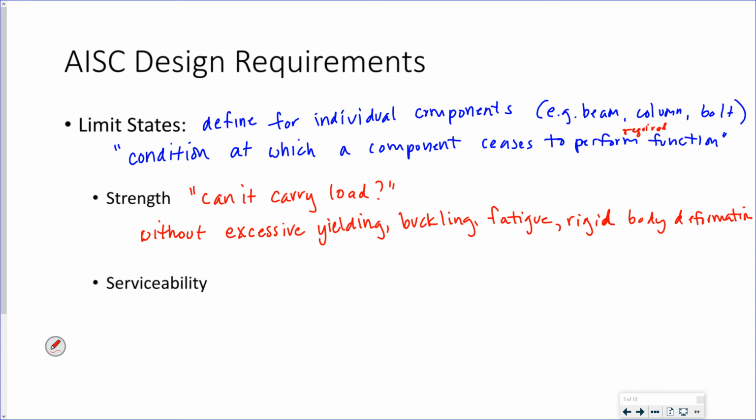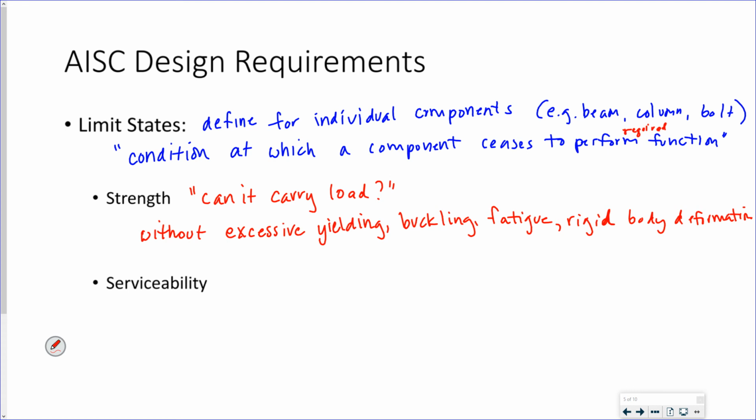Once we reach the yield point, now it's going to have a bunch of deformation, right? If we think back to our stress strain curve, once it reaches yielding, we don't even have to increase the load, but it'll deform excessively. Or maybe you can increase the load a little bit, but it still has a lot of deformation. And maybe it's still working, it's still carrying the load, but especially as perceived by the public, it wouldn't be good.